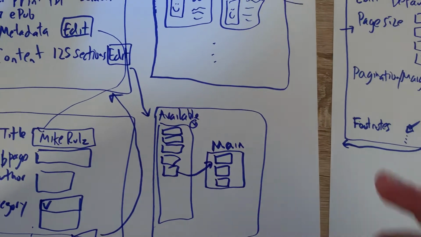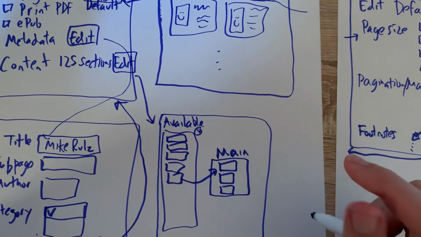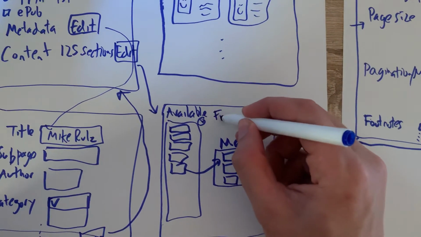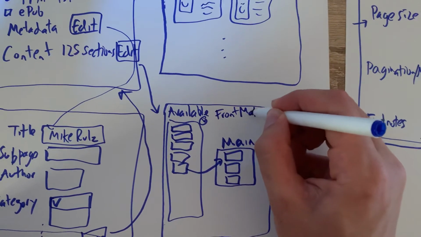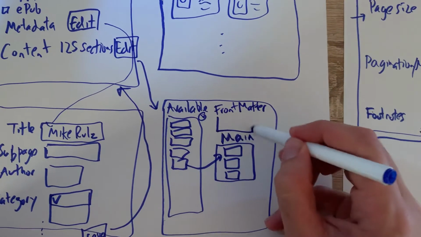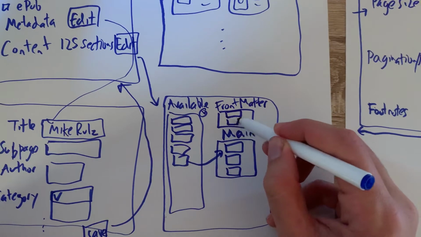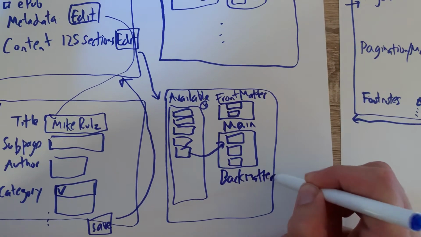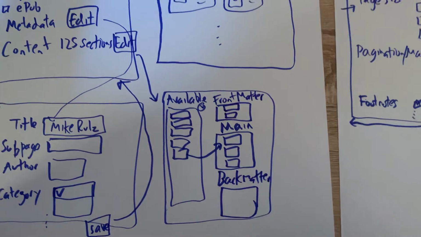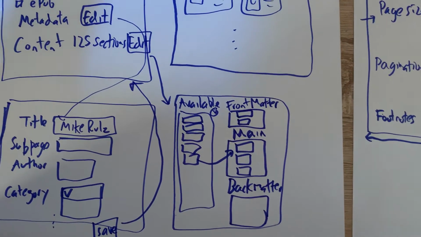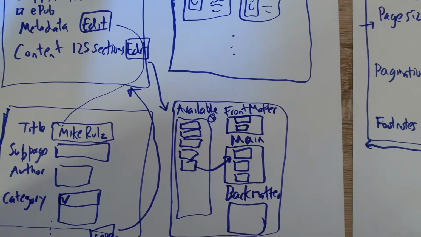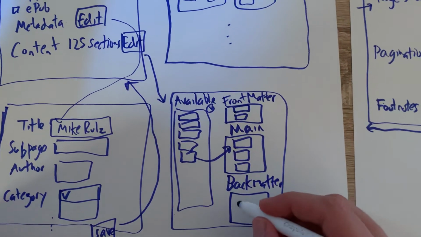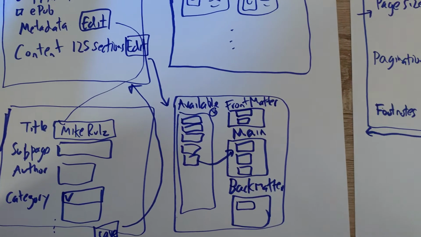And for books or formats where this applies, which might apply to all of them, I'm not sure, there will also be front matter, so you'll be able to add and organize front matter and back matter. Front matter being stuff like an introduction or table of contents or preface, or either front matter or back matter about the author, or they can just be blank and you just skip it.